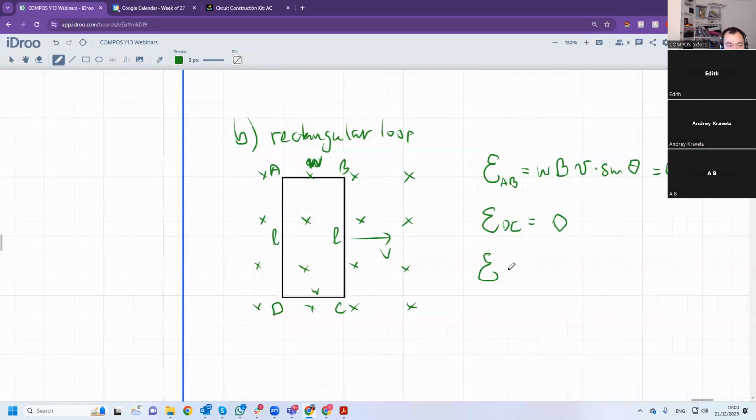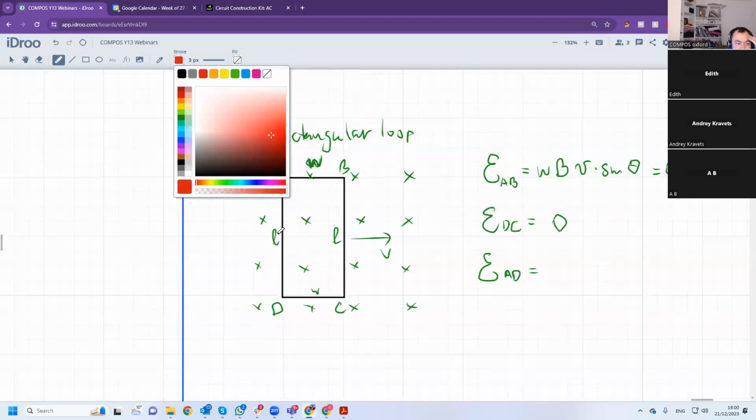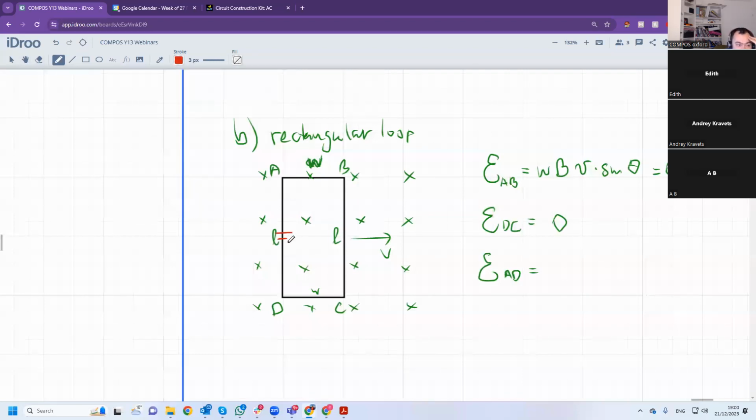The EMF in AD: we have the electrons move down, so we have an EMF. Basically, it's as if we have a battery here which pushes the electrons down and the positive charge up.